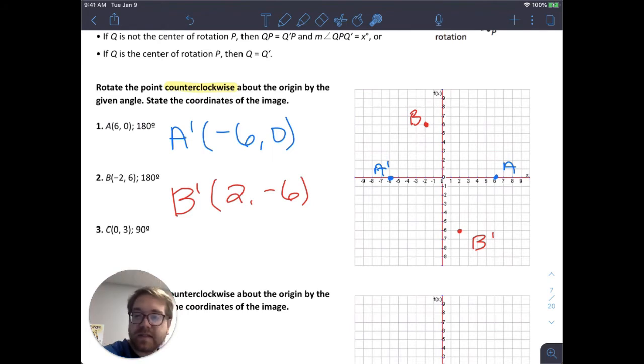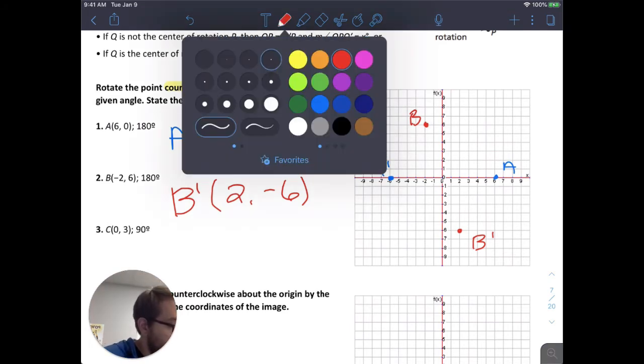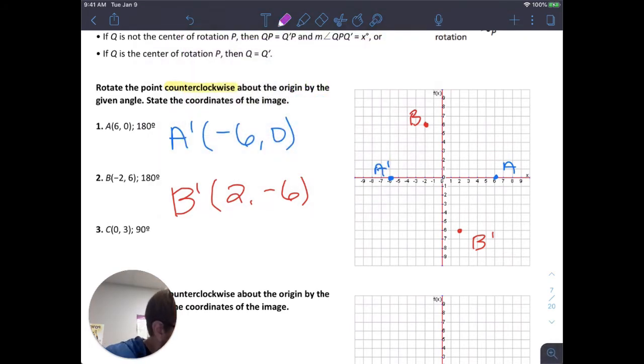Our last one here is C, at 0, 3. That's right here. That's C. And I'm going to rotate it 90 degrees, so I'm only going to go 1/4, or into one other quadrant for C prime.